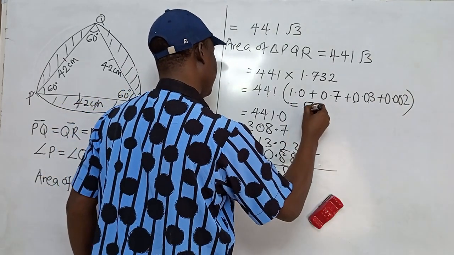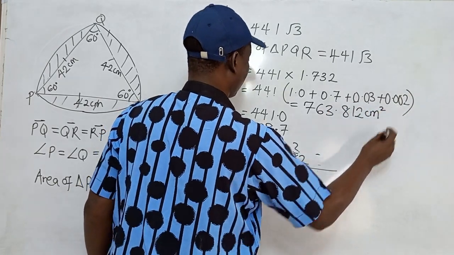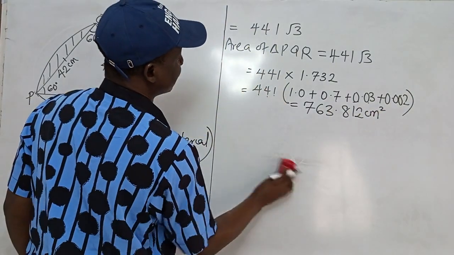Let me write the answer: 763.81 centimeters squared.